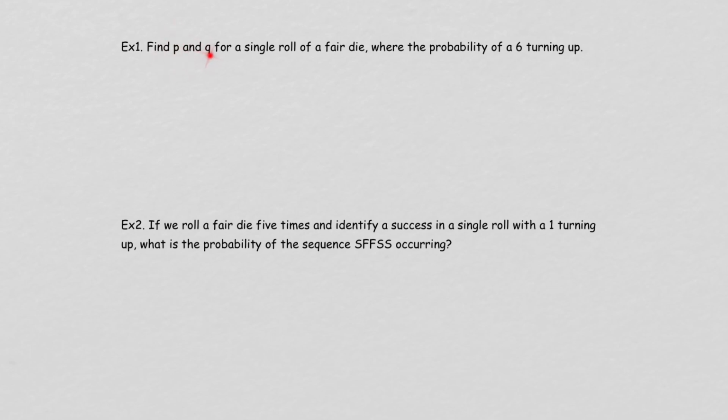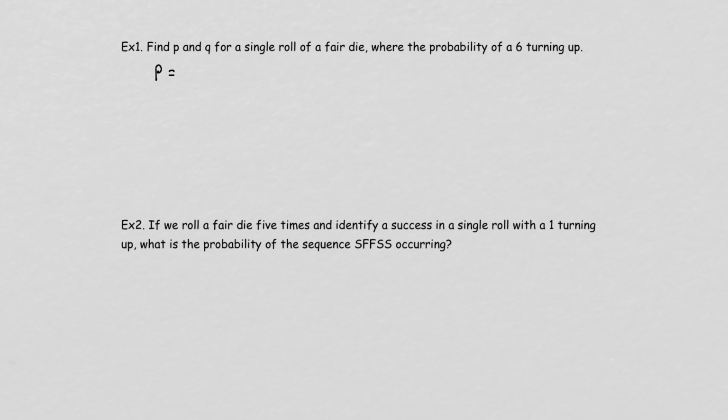Okay, so let's start with example 1. Find the P, which is success, and Q, failure, for a single roll of a fair die where the probability of a 6 turning up is the success. So what's the probability of getting 6 when you're rolling a die, right?